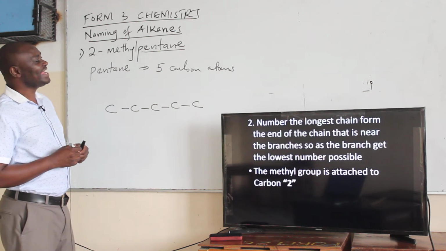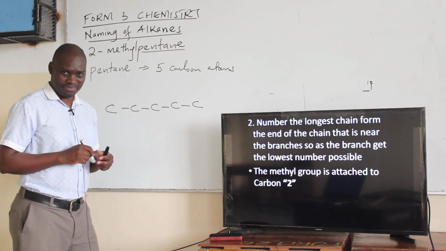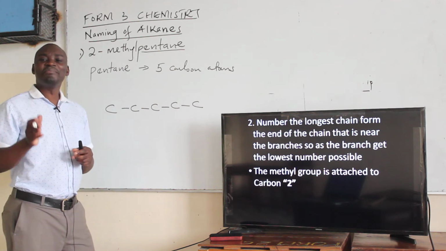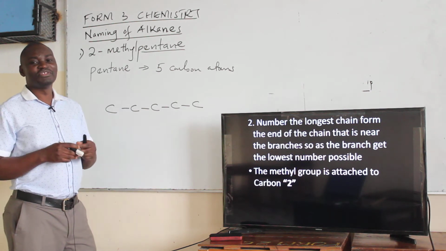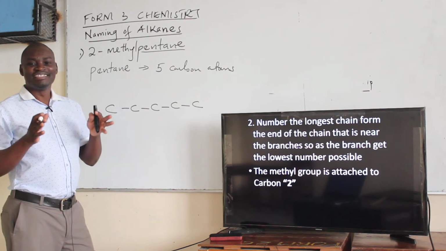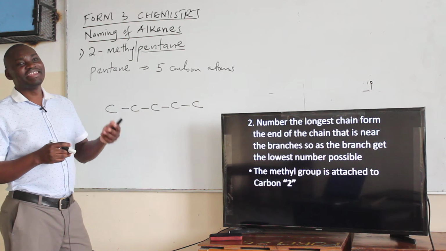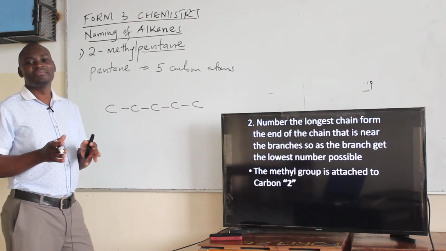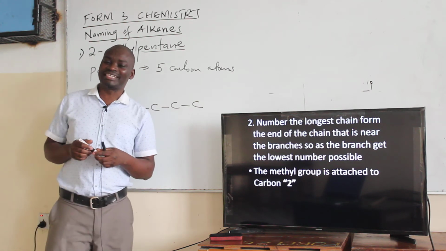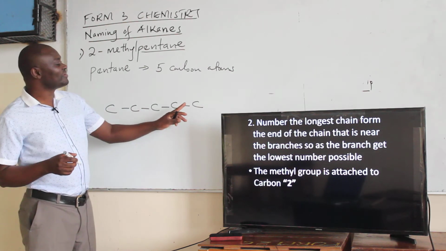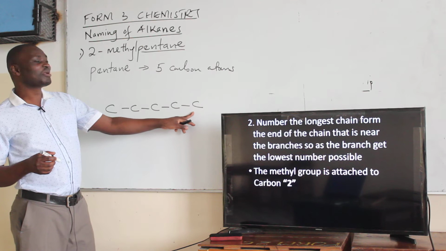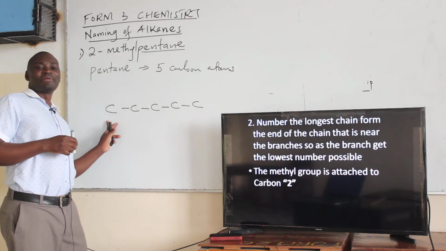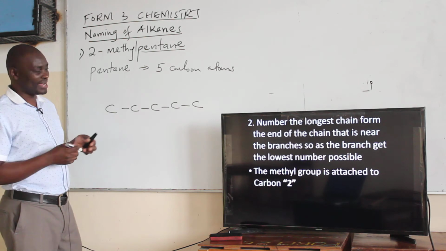Then the second step is to number the longest chain from the end of the chain such that the branches are nearest to the end where counting starts. If you start from this side, then the branches must be closer to that side. So let us number.